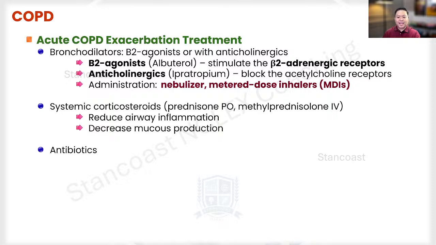Now, talking about the antibiotics, these are going to be prescribed for the patient with, let's say, moderate or severe exacerbation, especially if there are signs of bacterial infection. So how do we know there is a possibility that they're going to have some bacterial infection? Well, it could be that the patient will have an accompanying sputum purulence.